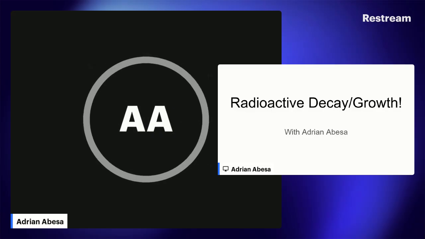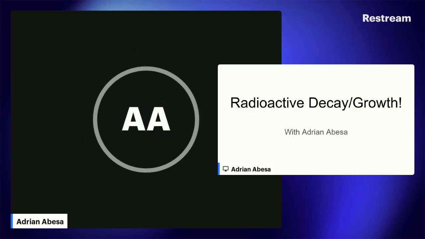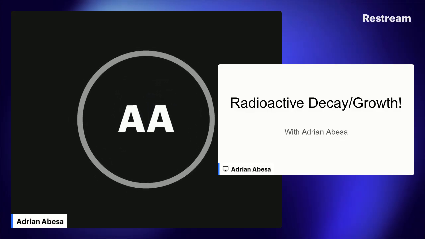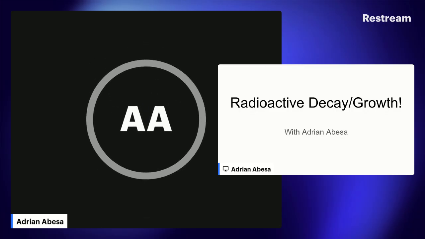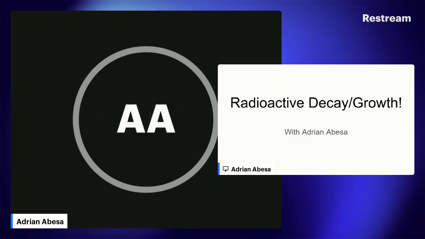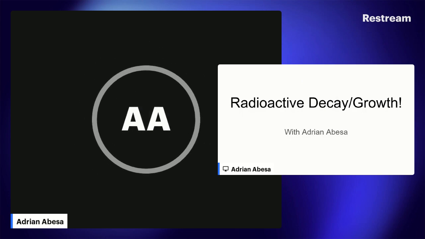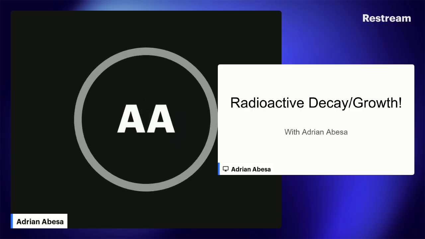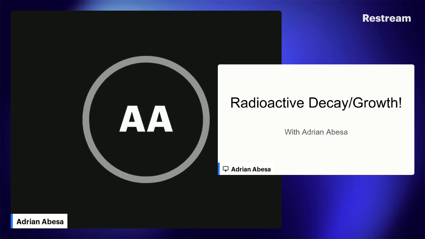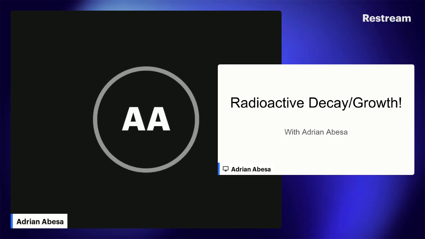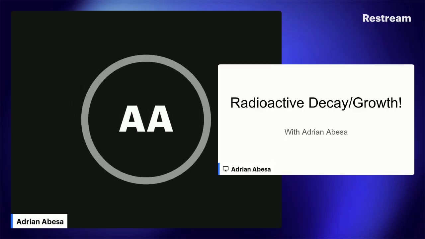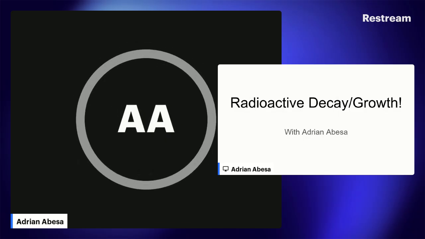Our weapons need to be replaced every so and so years due to radioactive decay because the materials inside slowly, over time, fall apart and go from a radioactive isotope into a more stable element, which can no longer have the same explosive impact as a nuclear weapon. So that's just one of the many examples that radioactive decay and radioactive growth can be applied into a job, into a career.